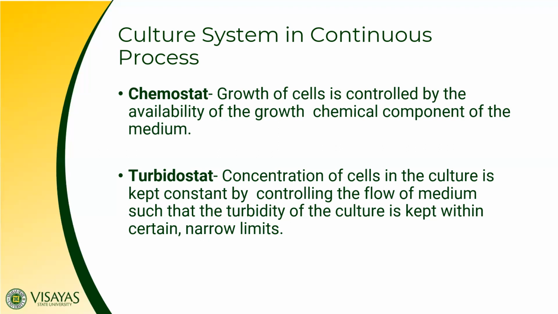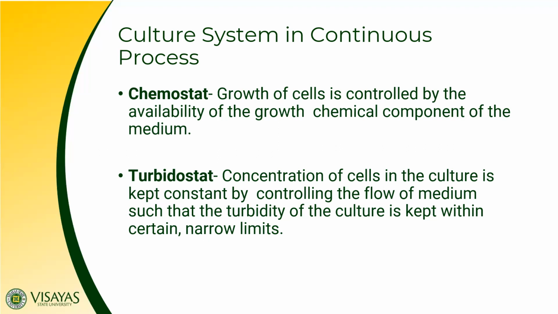So in this continuous process, the control in the turbidostat is based on the turbidity of the culture. It should be maintained, okay? Unlike the chemostat, where the growth of cells is controlled by the availability of the growth chemical component. So it's not the whole chemical component, but a particular one.